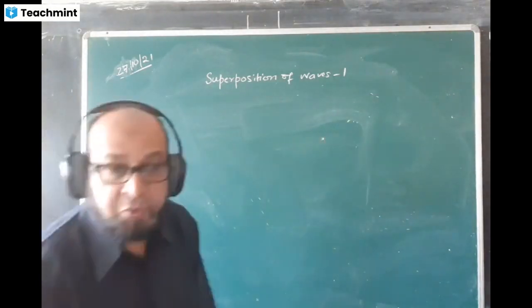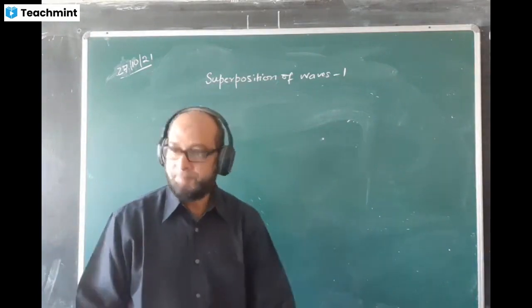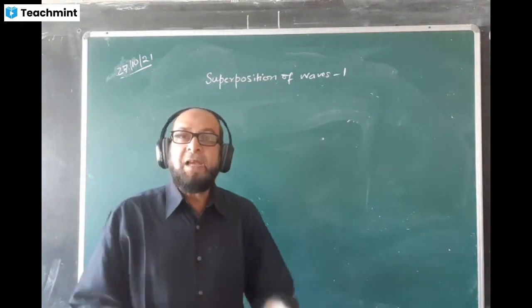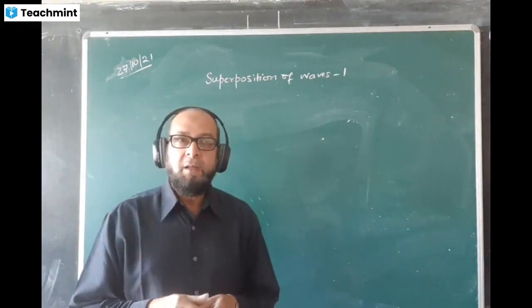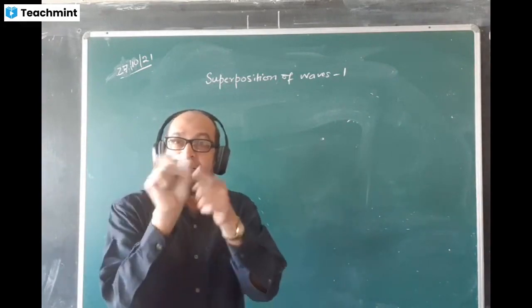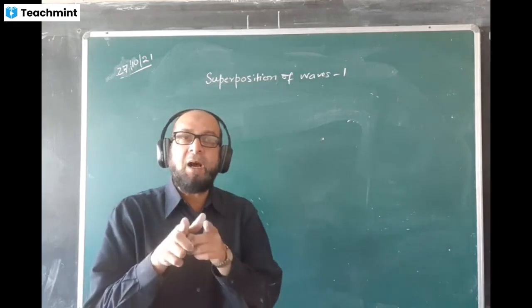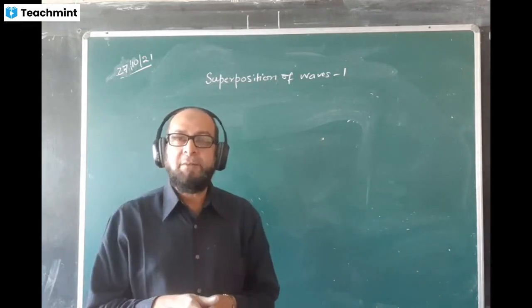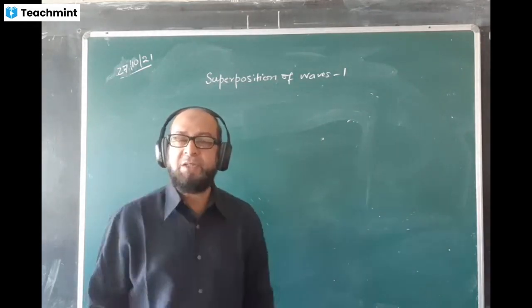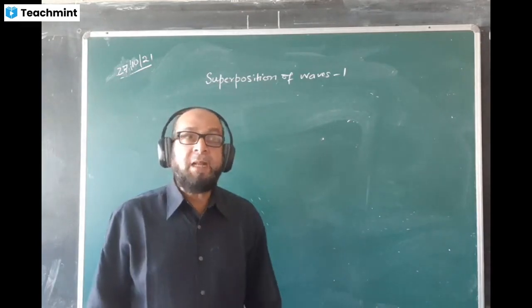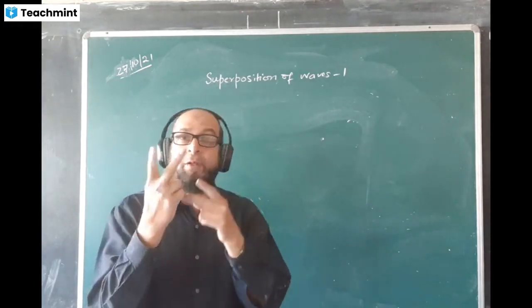Now I'm taking a different situation. Just see. We are mixing two waves whose frequencies are different, not the same. Remember, whose frequencies are slightly different. There is a slight difference between the frequencies. That means they must be originated from two different sources.